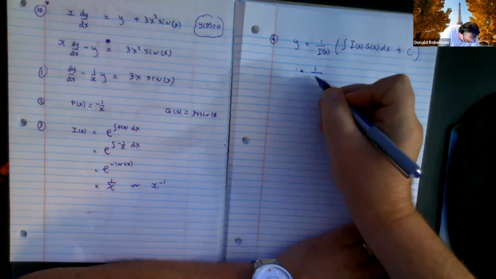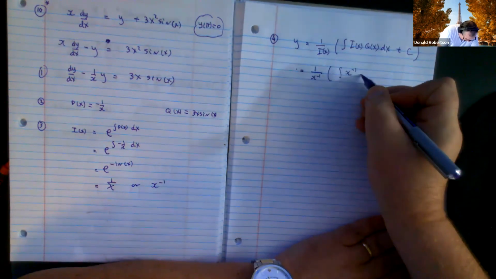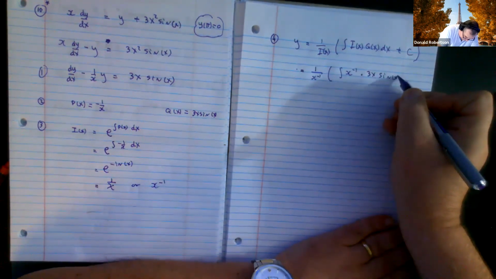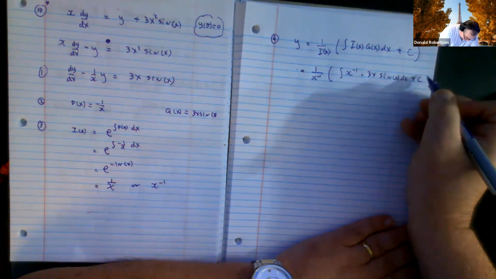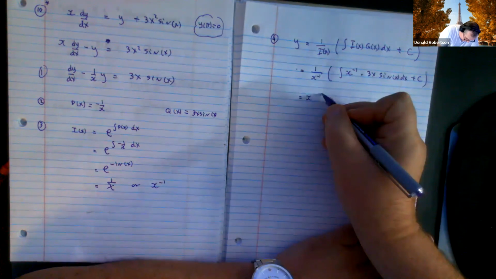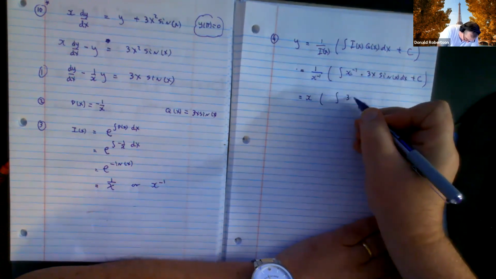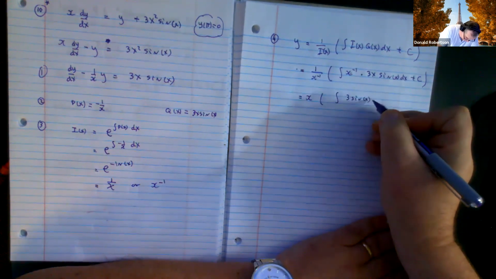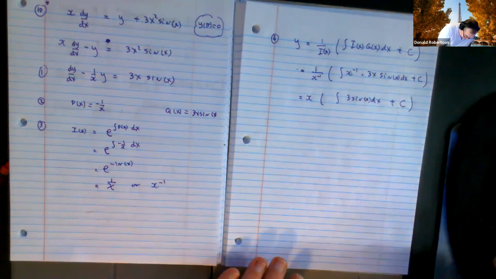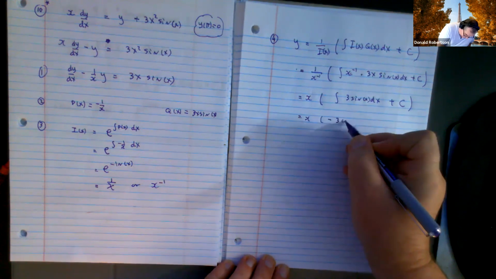If I decide to write it this way, then it's going to be x to the negative 1 times 3x sine x dx add c. 1 over a negative power is just the same as x. This guy and this guy play well together because essentially you end up with 3 sine x. And integrating a sine gets you negative 3 cosines.